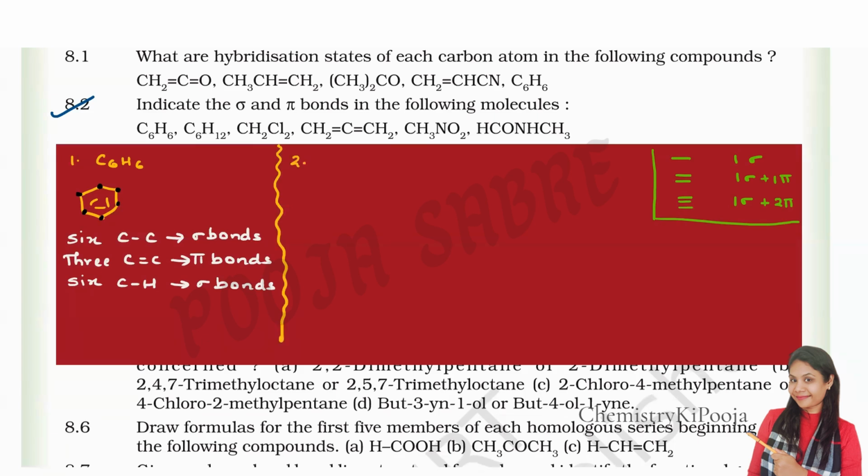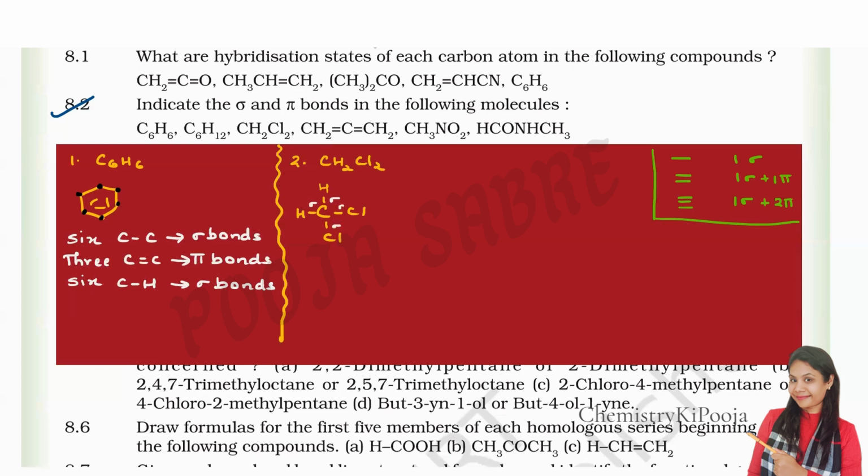CH2Cl2. So I'll write down the structure first. This is C, and on this we have 2 hydrogen and 2 Cl. Clear? So this is the structure of CH2Cl2. Now this is again very simple. The same thing we are going to apply here. How many sigma bonds are present? 1, 2, 3 and 4.